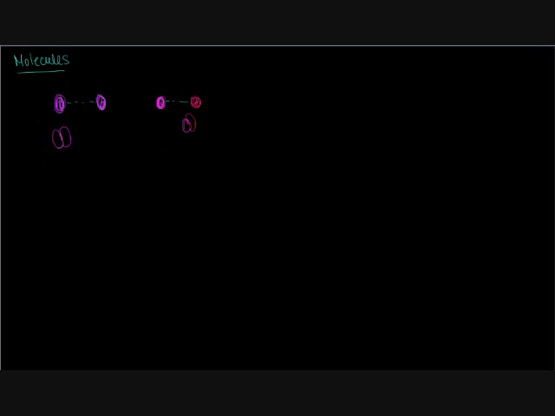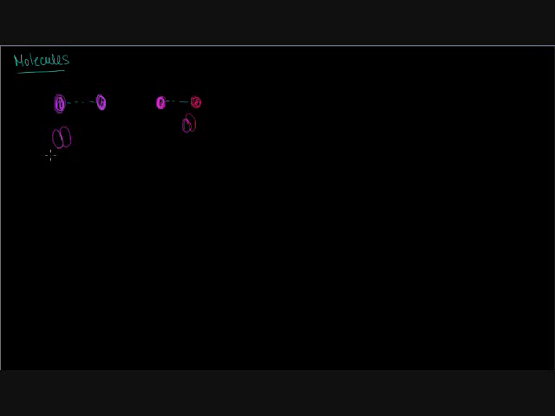So the difference between these two types of molecules is that in this case, both atoms involved in the bonding are the same. Right? And in this case, they're different. Now they're both covalently bonded, and remember, covalently bonded means you have atoms with very close electronegativities. It's mostly nonmetals.